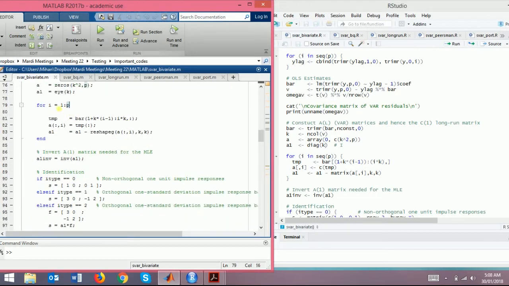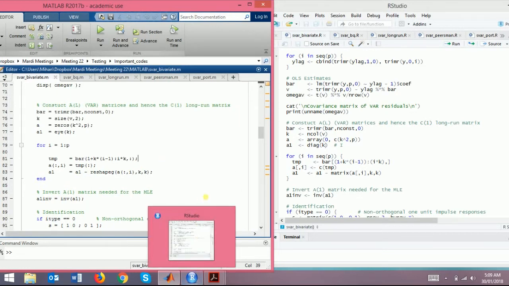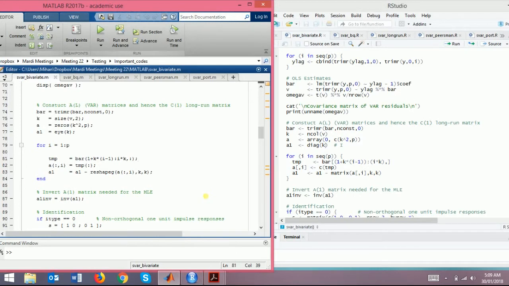So now for 1 to p, that means for the lag elements, 1 plus k(i minus 1) to i multiplied by k. What we are doing is very simple. It is our regular equation, which is coming from phi1 equals 1 minus phi1 minus phi2 and so on. So the beta coefficient is multiplied to the phi element.